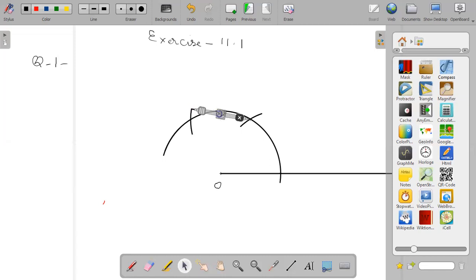Now without changing the radius also, you can do it. At these two points, draw two arcs which will intersect each other at this point. Okay, now you get the 90-degree angle joined.